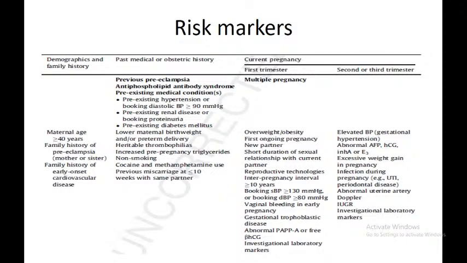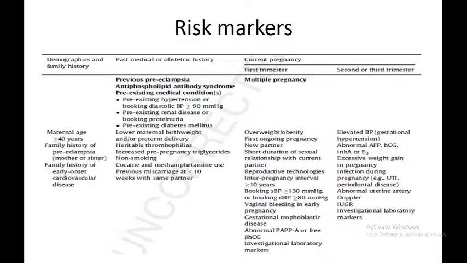So coming into the various risk markers for pre-eclampsia. Broadly we divide these risk markers into some factors based on the demographics and the family history, and certain factors because of women's past medical or obstetric history, and few of the conditions that we encounter either in the first trimester or late trimester.